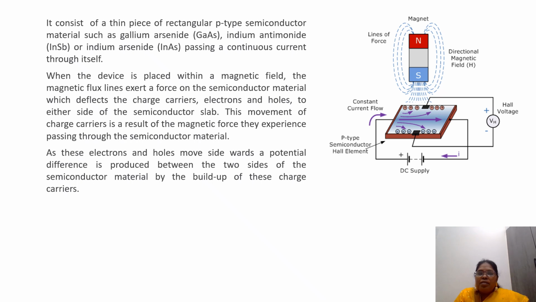Whenever a magnet is placed perpendicular to the conductor, the positive charges move to one side and the negative charges move to the other side. These charges produce a potential difference. The voltage developed in this Hall element is called the Hall voltage.